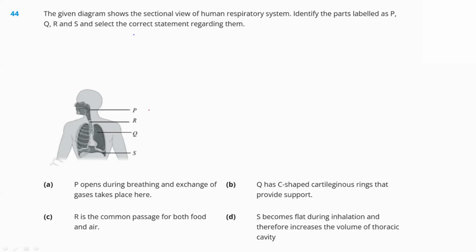Q has C-shaped cartilaginous rings, so this is also incorrect. R is the common passage for both food and water. No, they're talking about R. Okay, no, it's actually the P. So this is also incorrect. Option number D is S becomes flat during inhalation and increases the volume of the thoracic cavity. Yes, this is the correct option. So option number D is the right answer for this question.